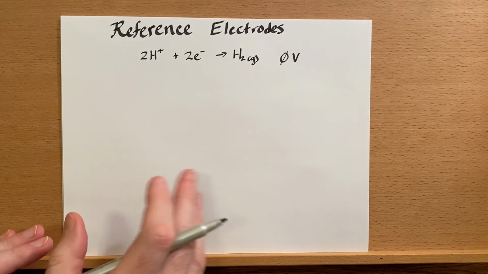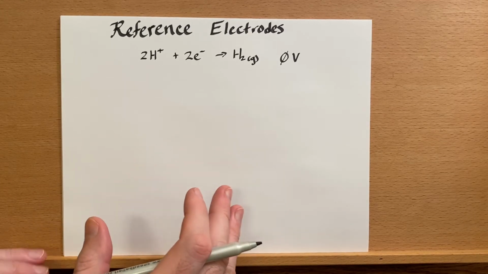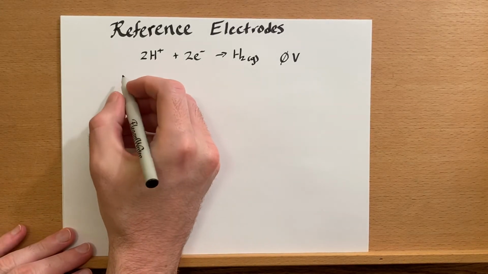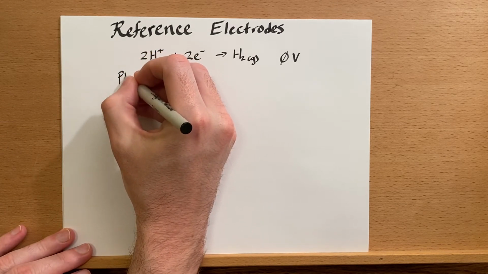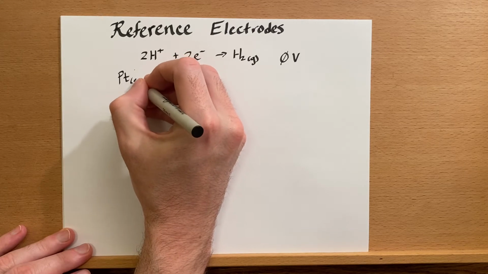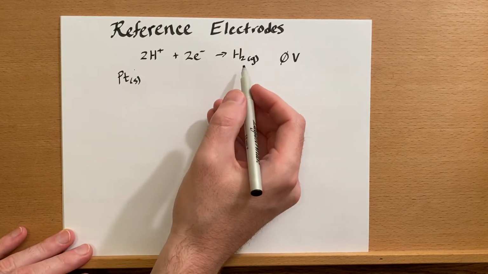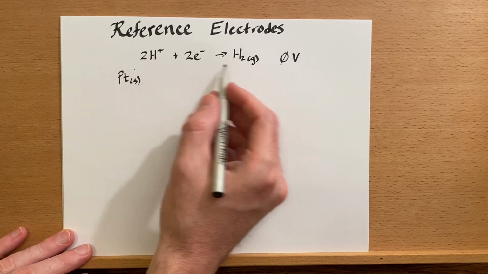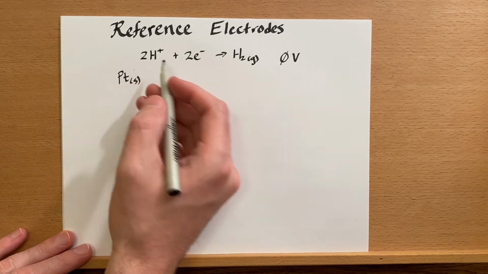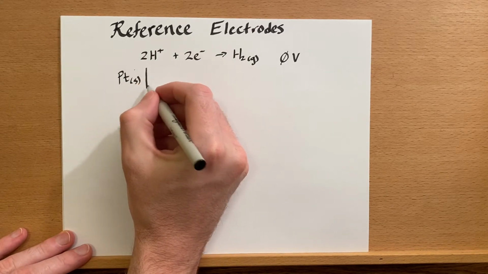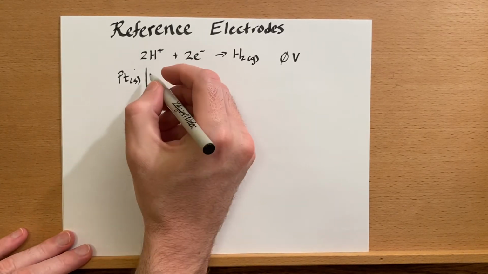Now, I've already drawn up what a standard hydrogen electrode looks like. It uses a platinum wire because there's nothing here that I could clip an electrode to. I need some metallic substance to do that, and neither of these things are metallic. And then we have bubbled hydrogen gas around that electrode.